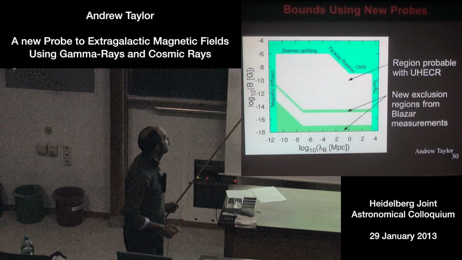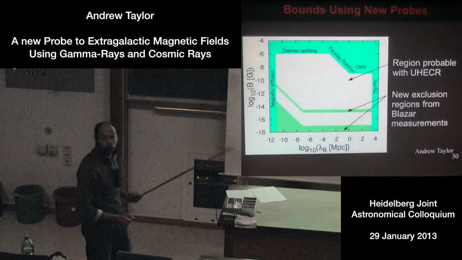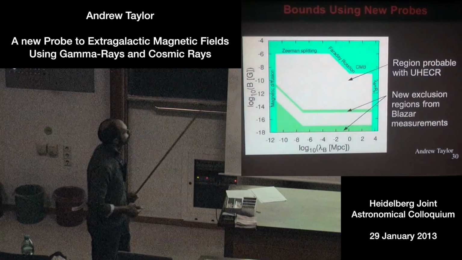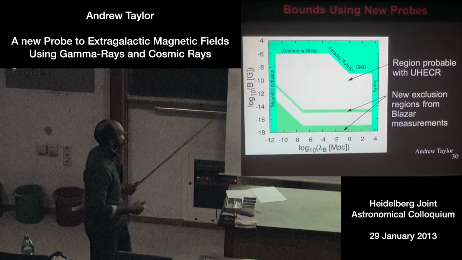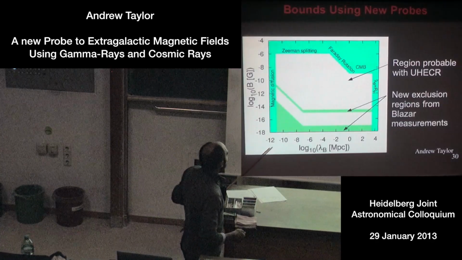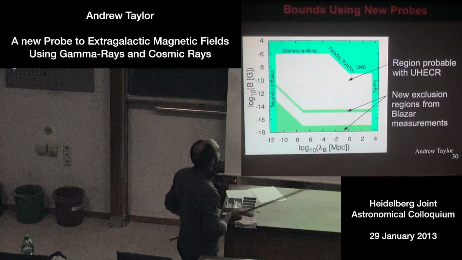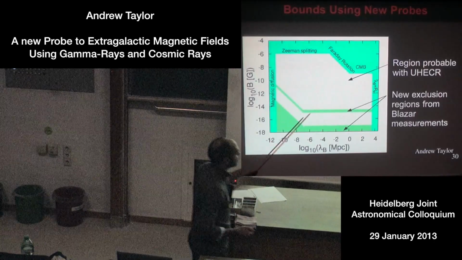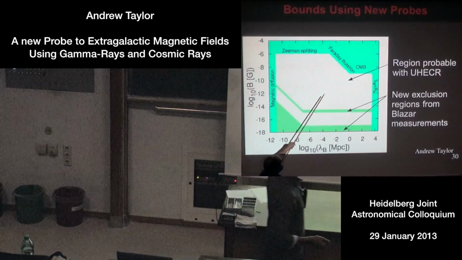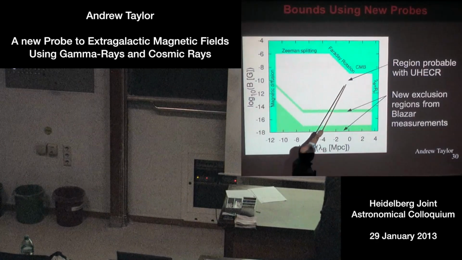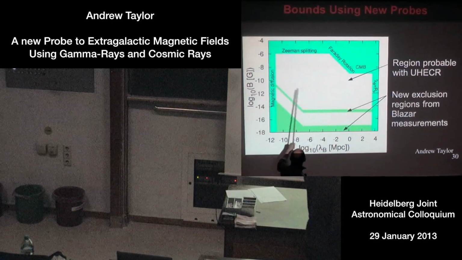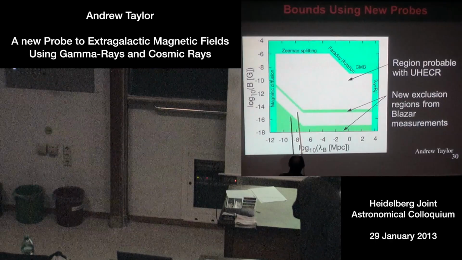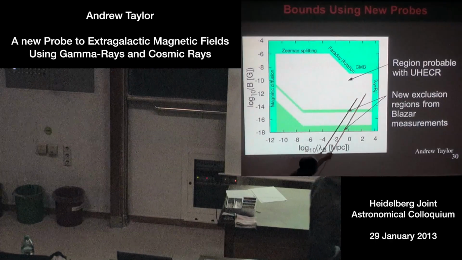Okay, but coming back, like I said, full loop, I wanted to wrap up what we've learnt using these different probes. The key points are that we are able to probe extragalactic magnetic fields with these 10 to the minus 10 Gauss field strengths with ultrahigh-energy cosmic rays.